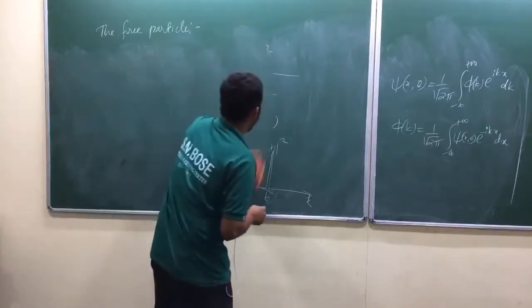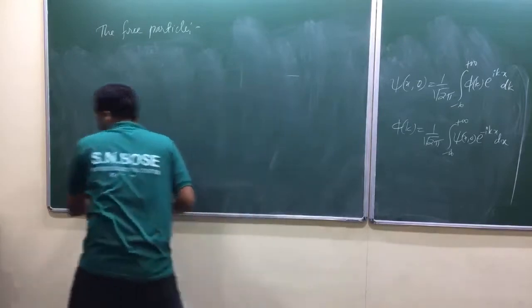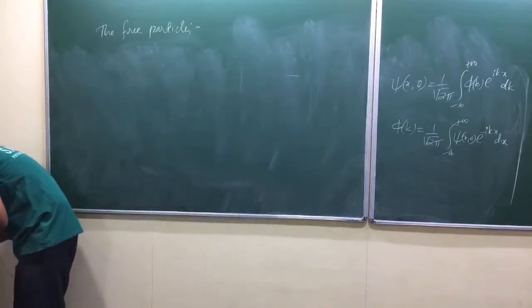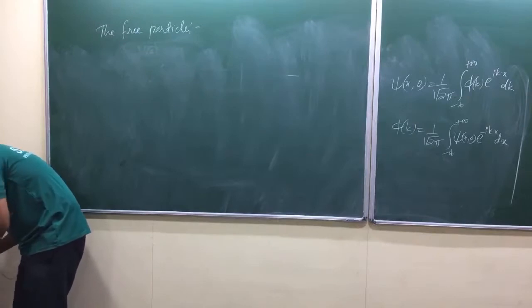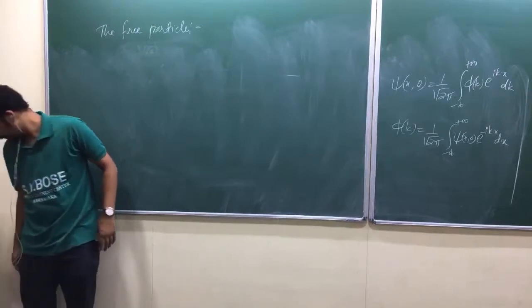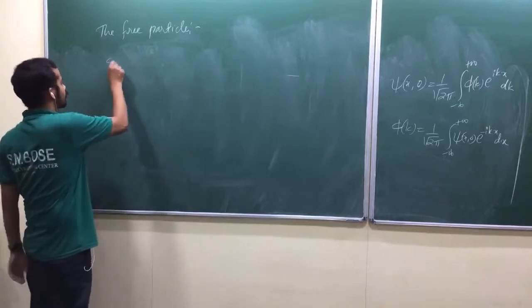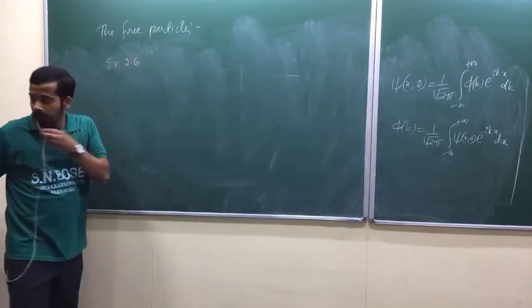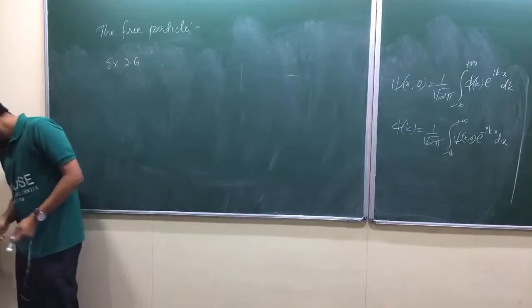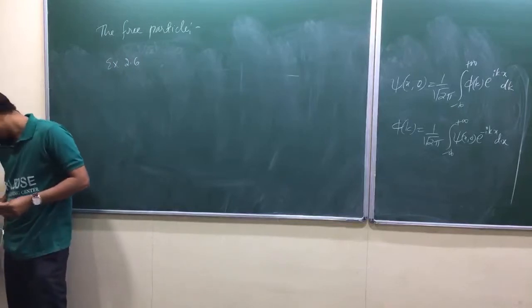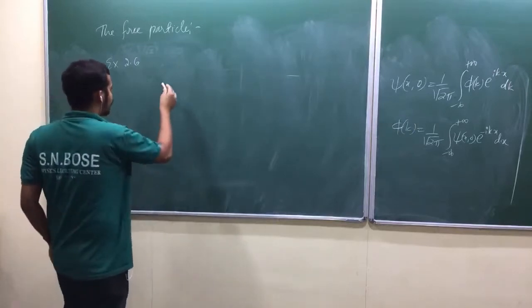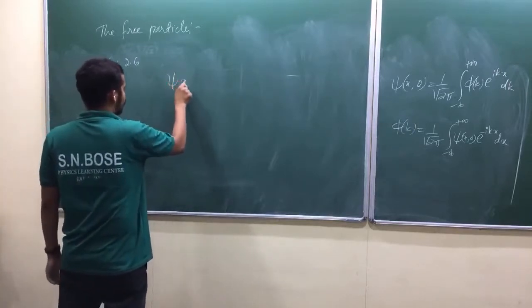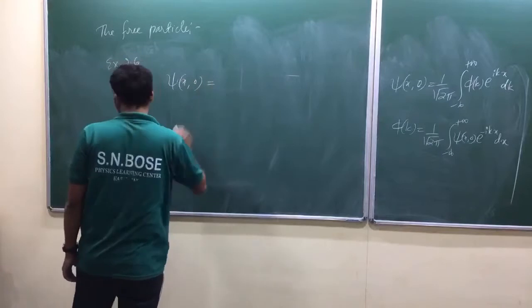Wait a second. I'll take this problem. Example number 2.6, okay? A free particle which is initially localized in the range minus a to plus a.